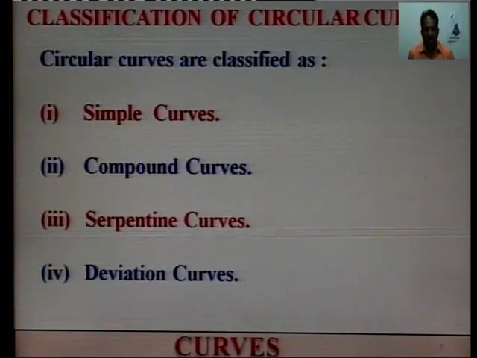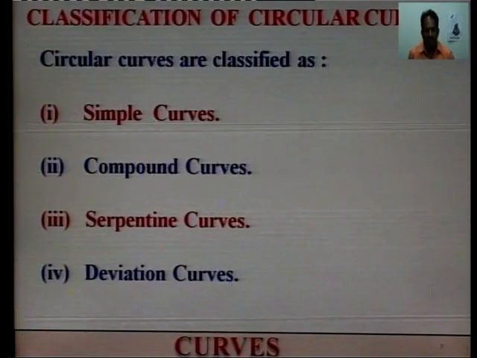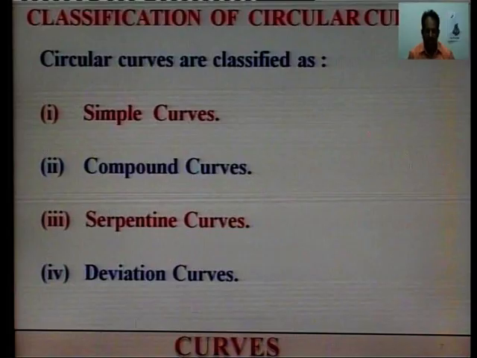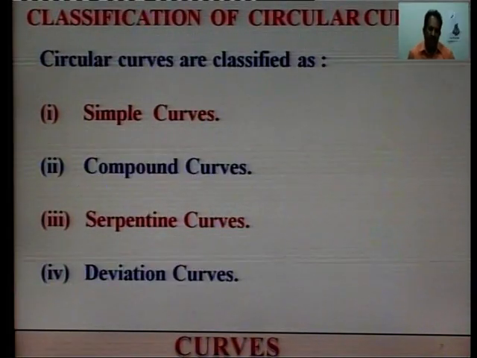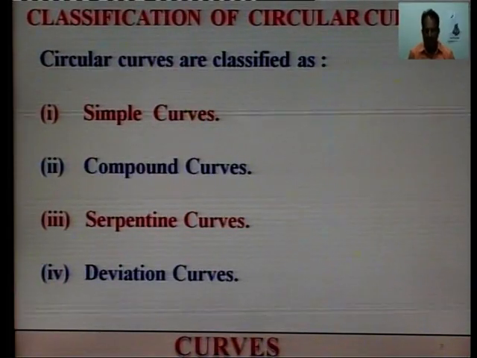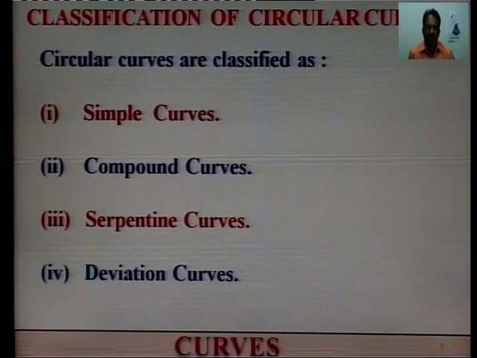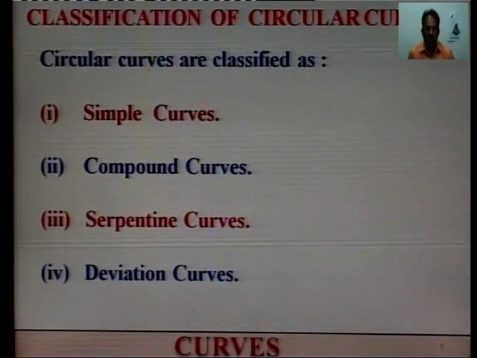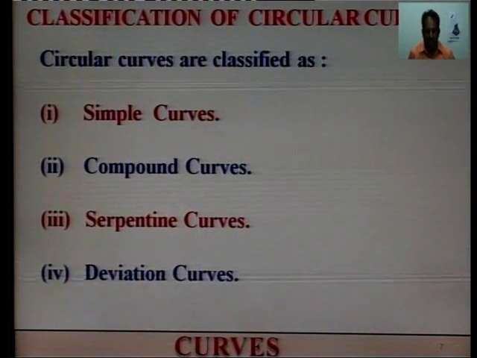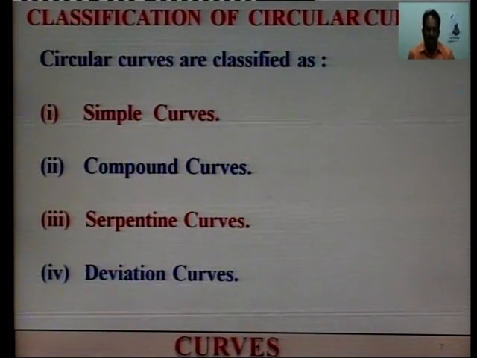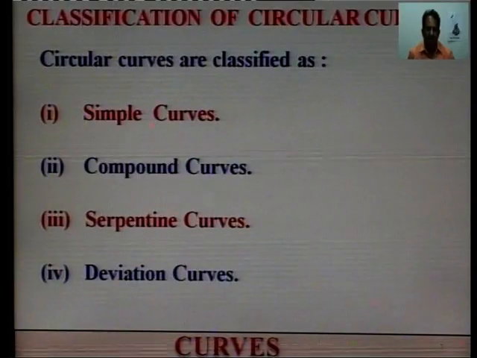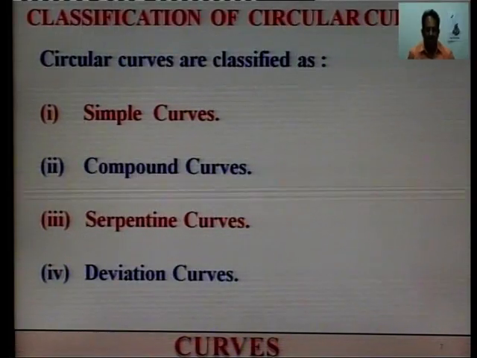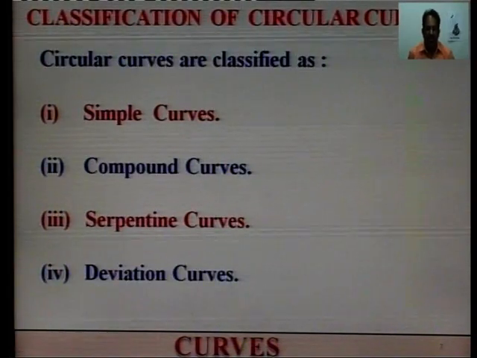Third is serpentine curves, also called reverse curves. Fourth is deviation curves. These are the 4 types of curves under the classification of circular curves, and we will study them one by one.